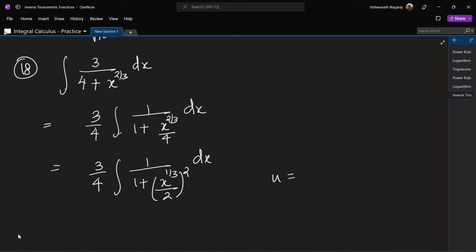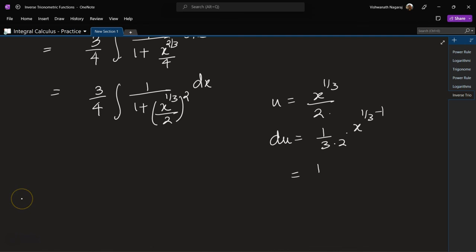So u will be x to the power of 1 by 3 by 2, and du would be 1 by 3 times 2, and this will be x to the power of 1 by 3 minus 1, which gives us 1 by 6 x to the power of minus 2 by 3. So that means we can take it down, x to the power of 2 by 3 and dx.